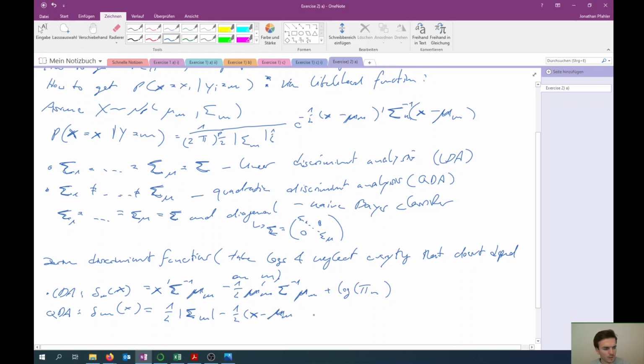And for those, you can much more easily find the value for m that maximizes this function.